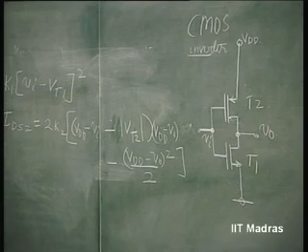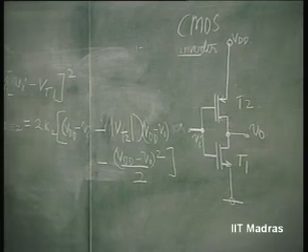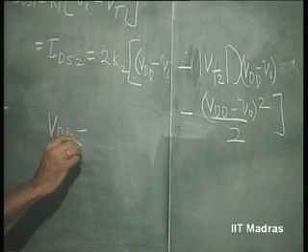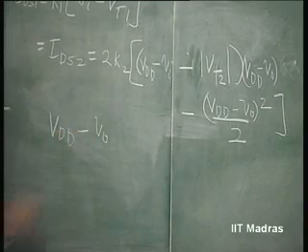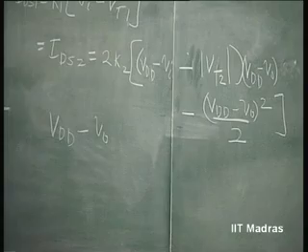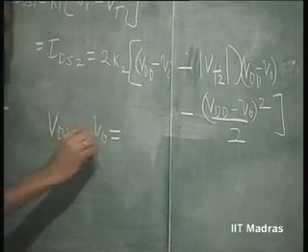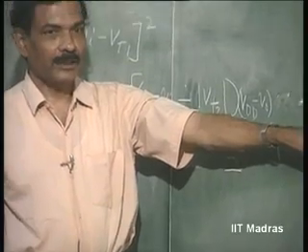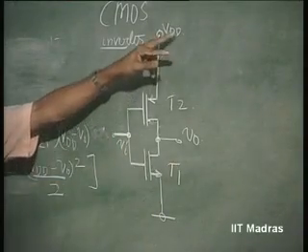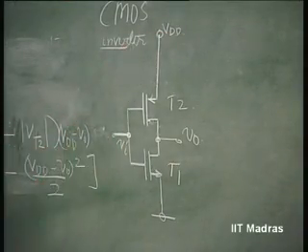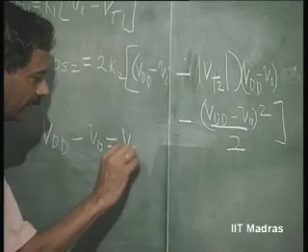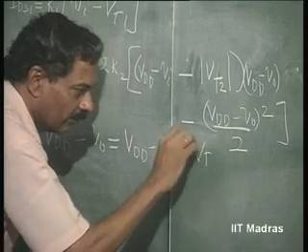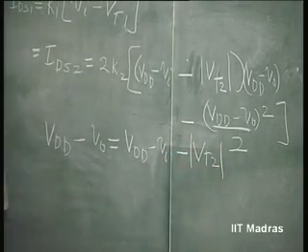That is the point where VDS, which we will put as VDD minus V0, this voltage becomes equal to VDD minus V0. Actually VGS, we will put it as VSG, VDD minus VI minus magnitude of VT2, no problem.